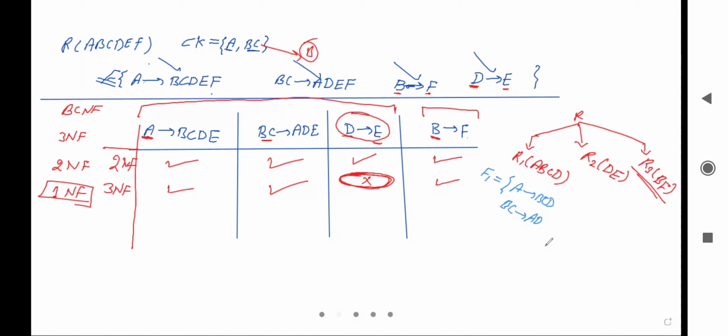For this one the functional dependency will be D goes to E, and for this one, that is f3, it will be B goes to F, right? These are the functional dependencies.